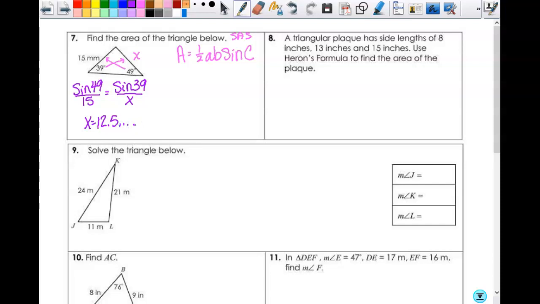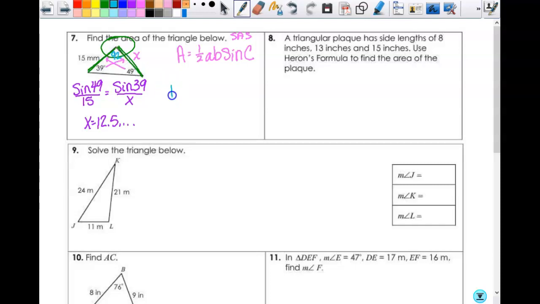So now that I have that, I have these two side lengths. Since I have these two side lengths, I have to use this angle in my work. Okay, so then I need to add these together, subtract from 180, and I get that this is 92 degrees.